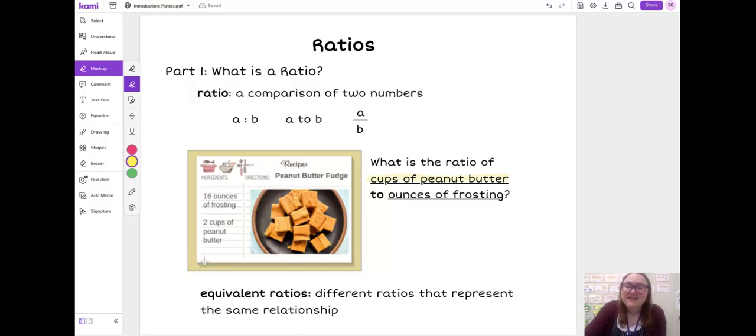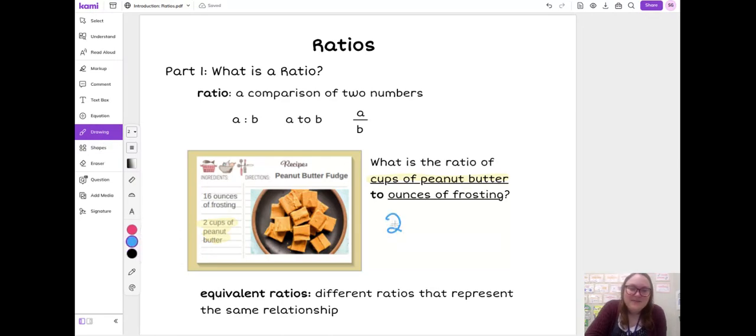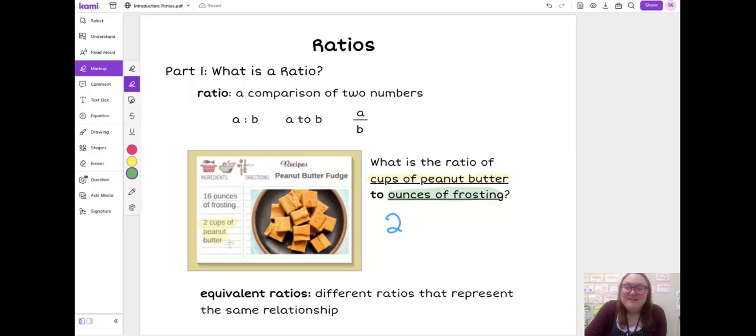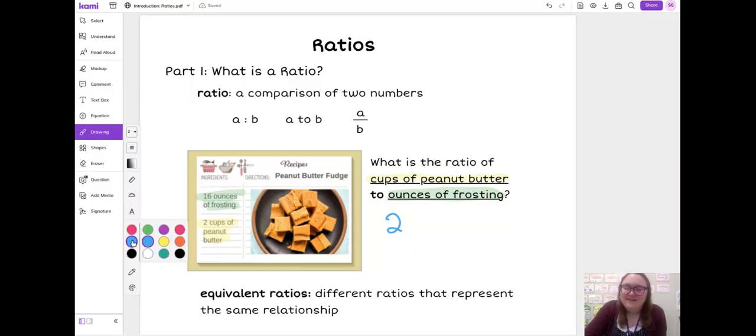So that means the first thing I would want is the number of cups of peanut butter, which is going to be the number 2. And then the second thing it says, it wants the ratio of cups of peanut butter to ounces of frosting. So that means the second number has to be my frosting, which is that 16 right there. So I could say 2 to 16.